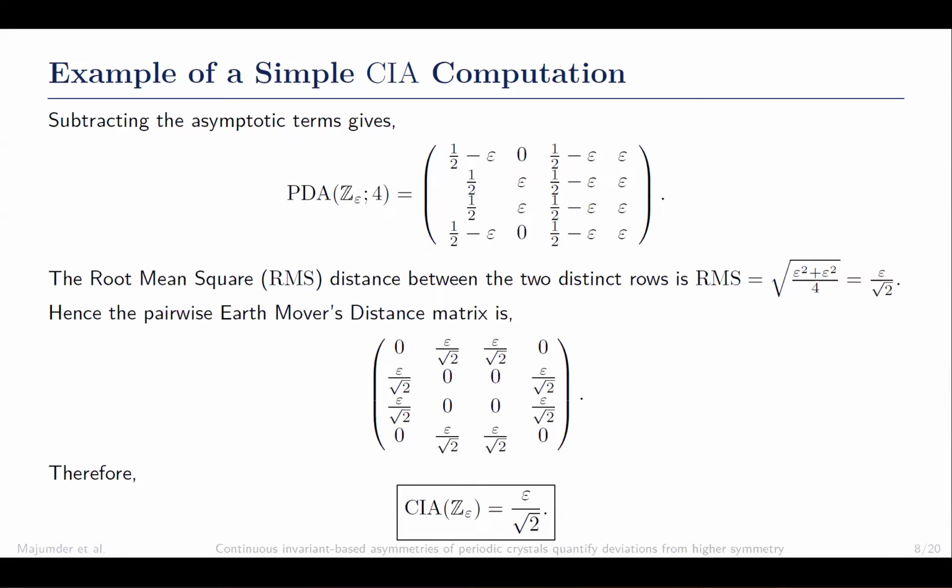So the pairwise earth mover's distance matrix is given by the symmetric matrix on the slide. We can ultimately compute the CIA by taking the maximum value over the columns from the symmetric matrix and the minimum value over all these maximum values. Therefore, we can say that CIA of this perturbed periodic sequence is epsilon over root 2.